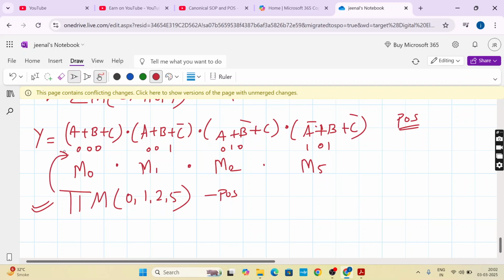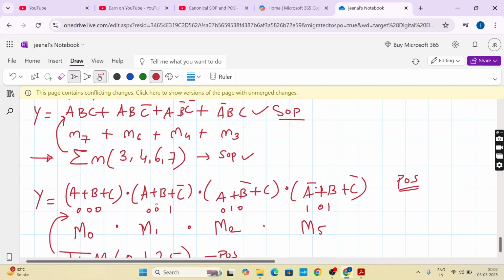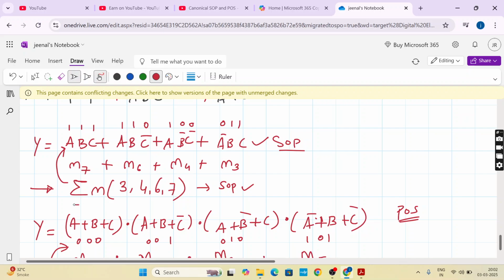I should know what max terms are available. Once you know the max terms, you should know how to write an SOP out of that. That we'll see in some time, how to create an SOP from a POS. Then again, you can make a truth table, design the circuit and so on. So this is a way of writing a POS equation and an SOP equation.